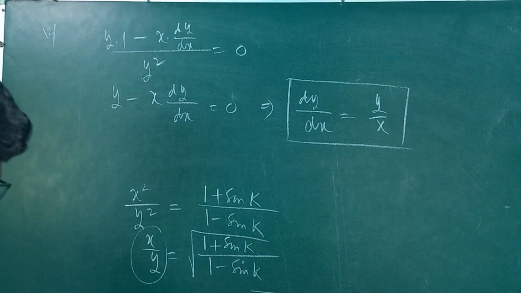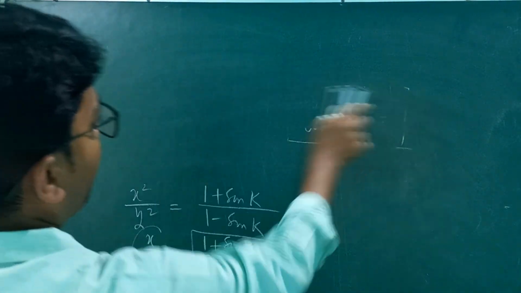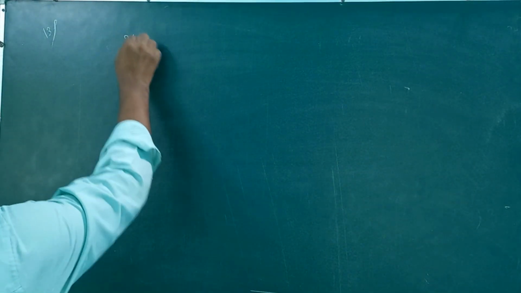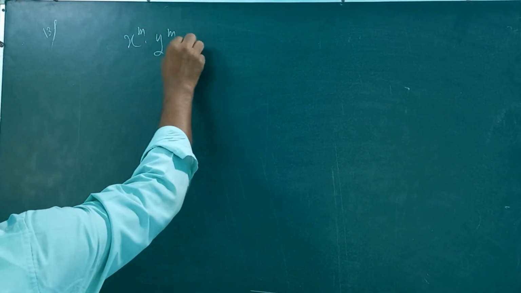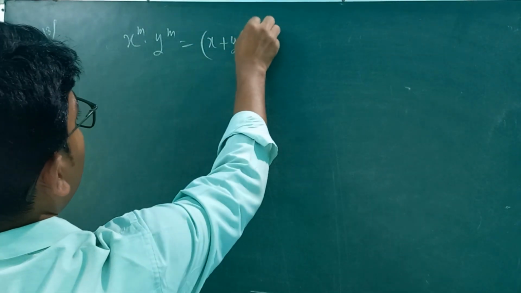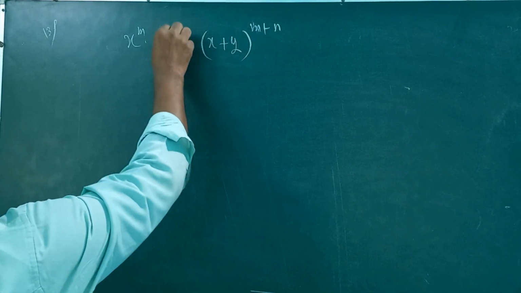Now come to another structure, number 13: x to the power m into y to the power n equal to (x plus y) whole to the power m plus n.